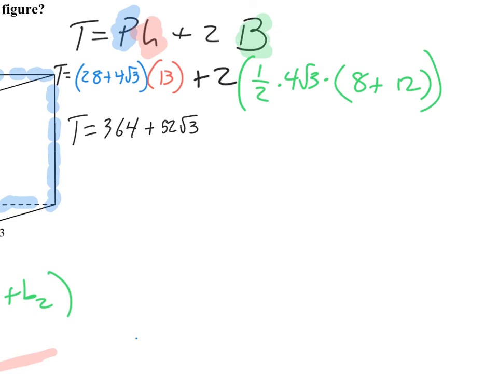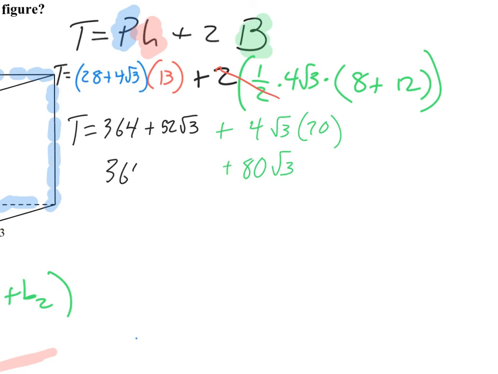Again, the whole point here is I'm just showing you how you can get an exact answer. 2 times a half, well, those just cancel each other out, right? 2 and a half, that's just 1. So we don't even have to think about that. And then 8 plus 12 is just 20. So I have 4 rad 3 times 20. And 4 times 20 is obviously 80. So I have 80 square root 3.